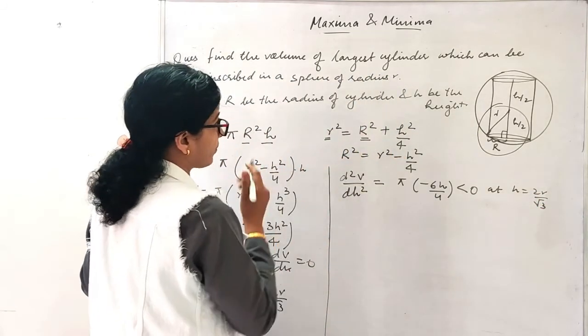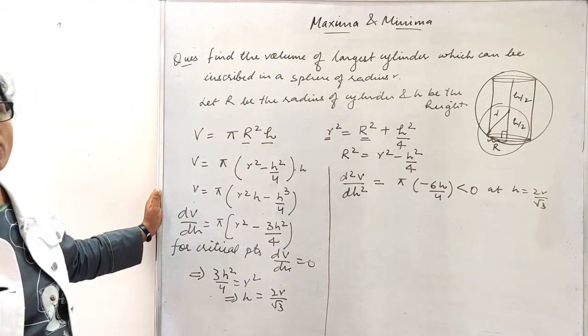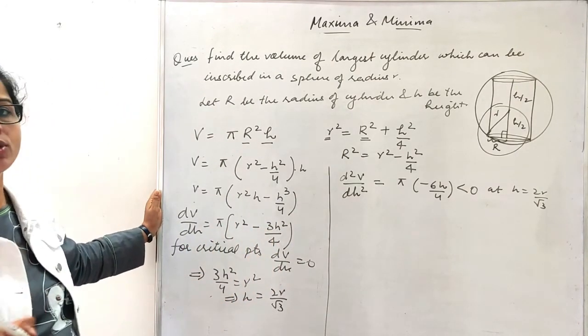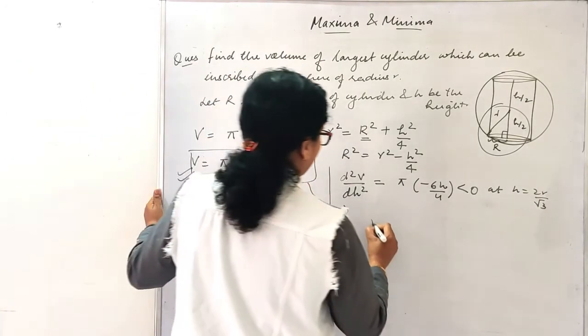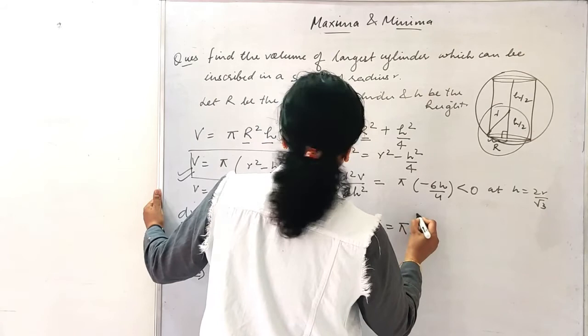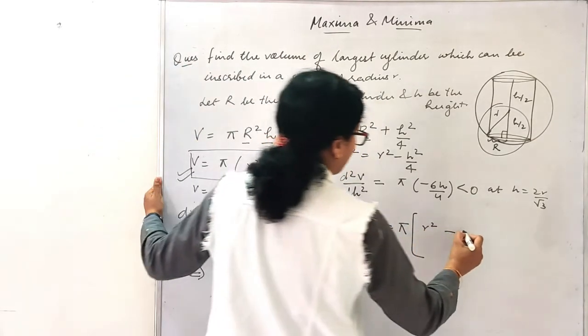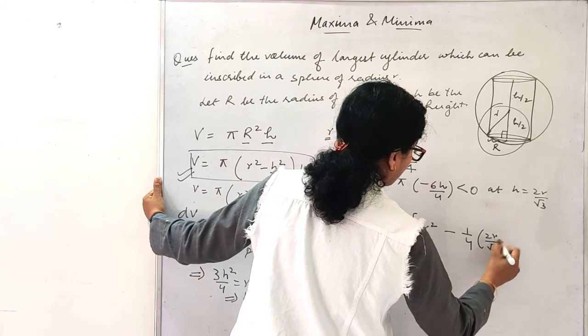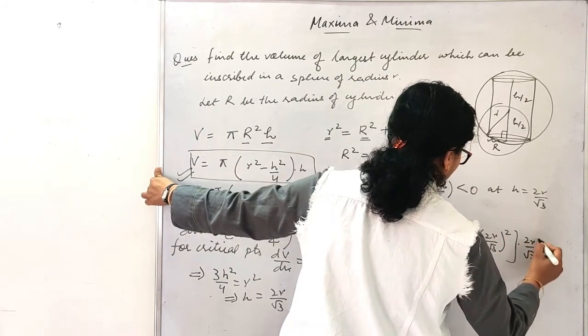So now I have to find the maximum volume of the cylinder. I'll substitute the value of h in this function. So V is equal to pi times (r square minus (2r by root 3) whole square) into 2r by root 3, correct?